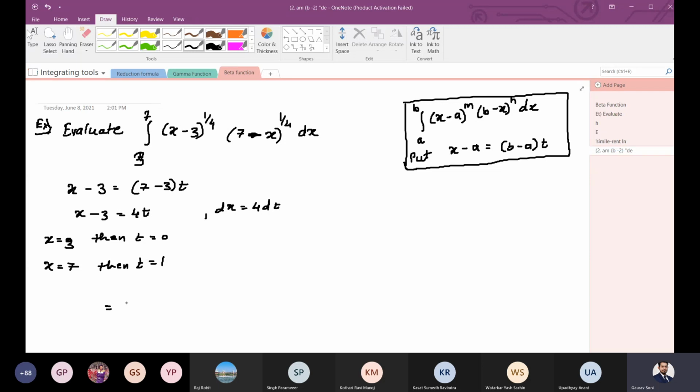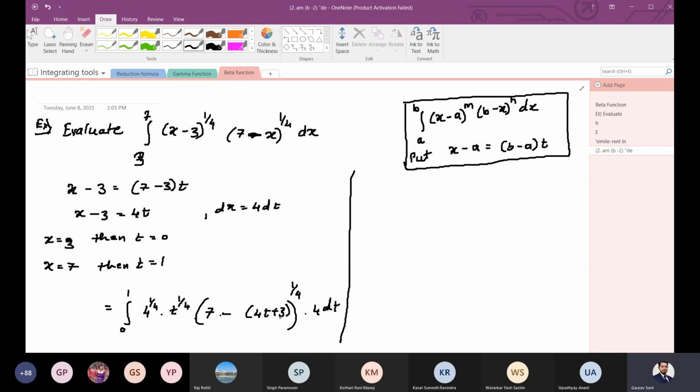So substituting this, we get integration 0 to 1 of (4t) raised to 1 by 4 times (7 minus (4t plus 3)) raised to 1 by 4 into 4 times dt.